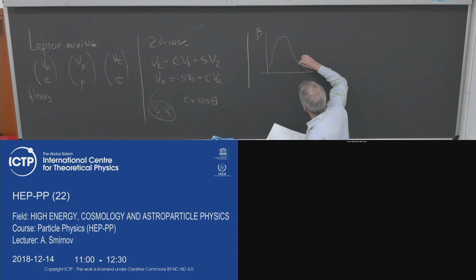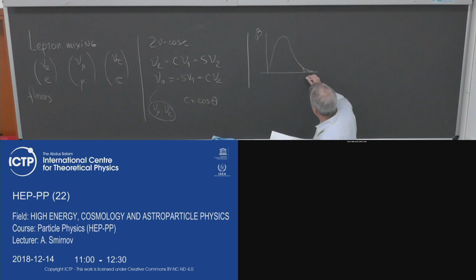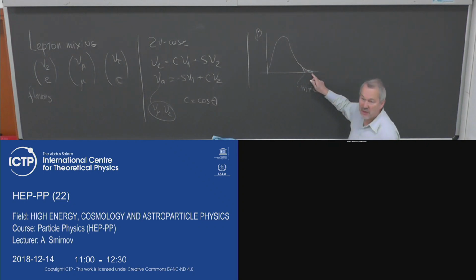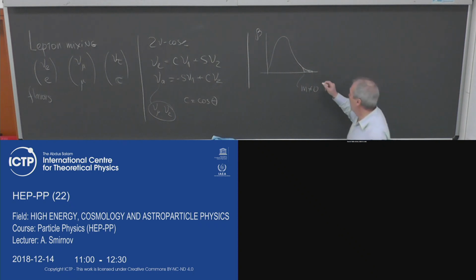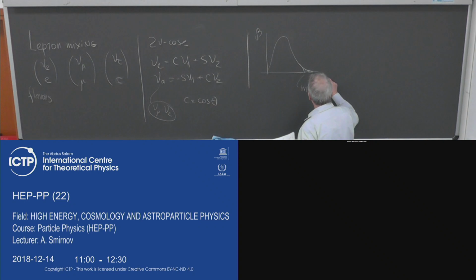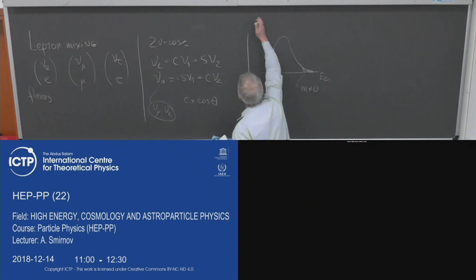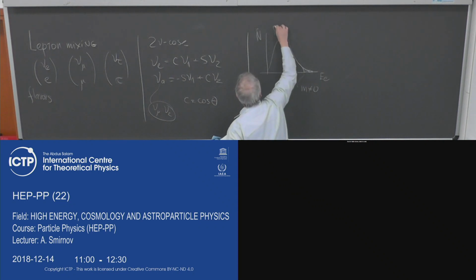If you have non-zero neutrino mass, then you would have a cut of the spectrum. So if the mass is non-zero, you would expect a lack of events at the end point, right? This is precisely because the neutrino has mass and it takes some energy. This is the energy of the electron, and this is the number of events, and this is beta decay.